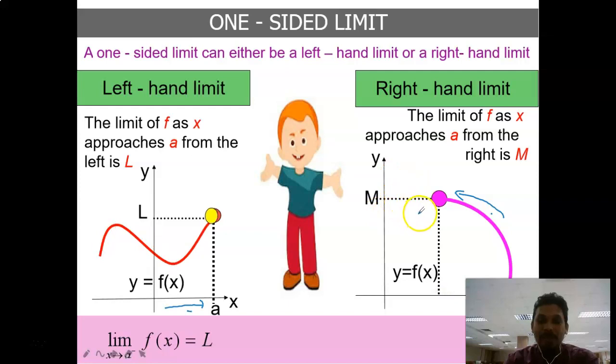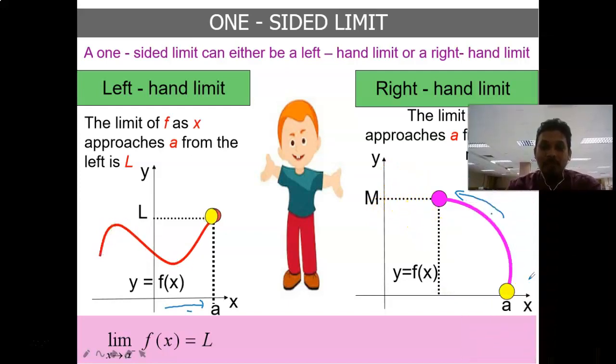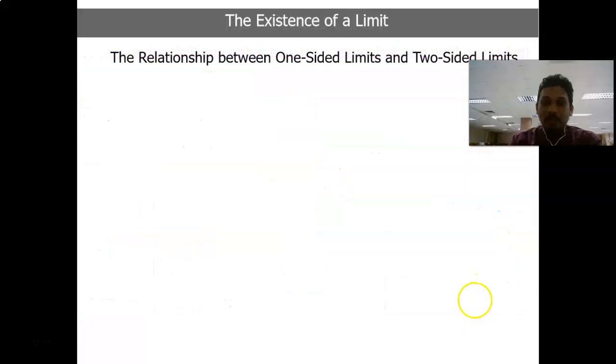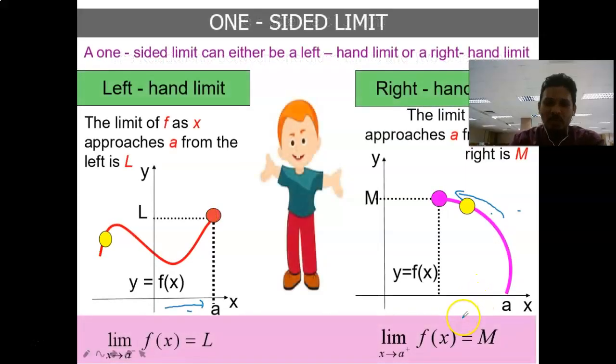Take a look at this one here now, the movement of the graph from the right side approaching the value of x equals a. I think we may need to make some adjustment or correction here: approaching a from the right, which means that a is supposed to be here. Okay, sorry.